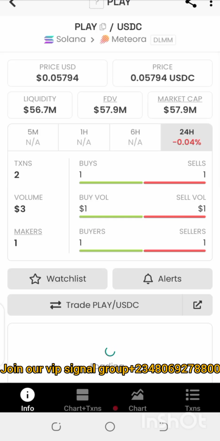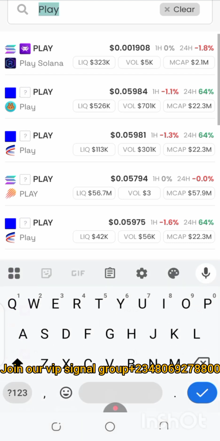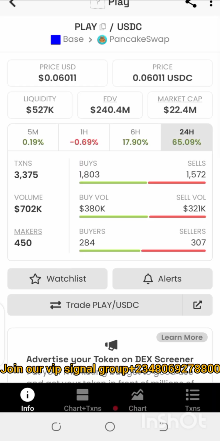If you take a look at the price here, the price of this coin is 0.057. Now if you come over to the BNB blockchain of it, you can see that it is at 0.0601, and most people are buying from this place.